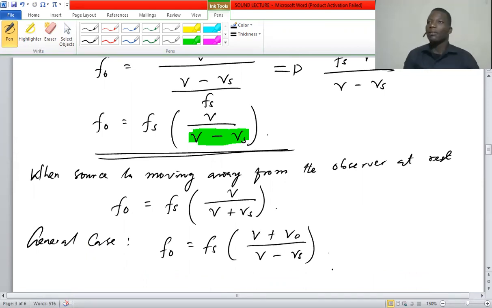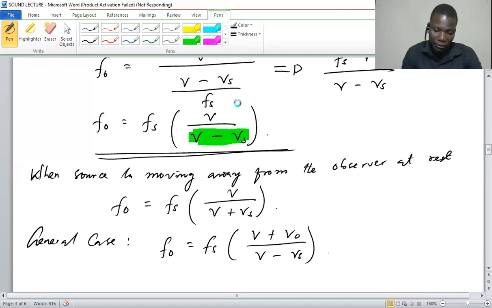So you can look at the values or what you've been told in the question and plug in, and you're going to discover that some are going to be zeros, and this general equation can reduce to any of the above equations that have been derived. That's the beauty about this equation. Okay, it can reduce to any according to the condition that has just been given. Okay, so that is the general case, and that is about the Doppler effect.